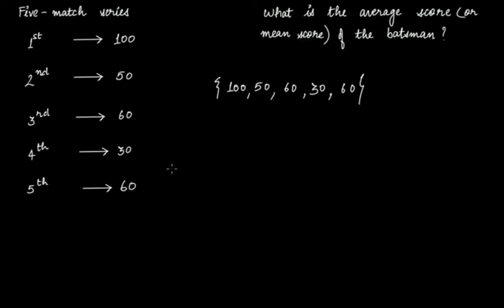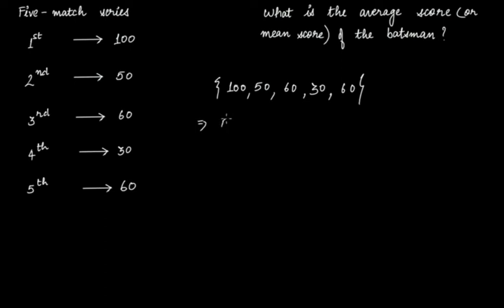Okay, so if you have to calculate a value that will represent this data set, that will be a representative value, because that can explain something to any of the users or even to you, and that will actually be the average. And in this case we can use arithmetic mean.